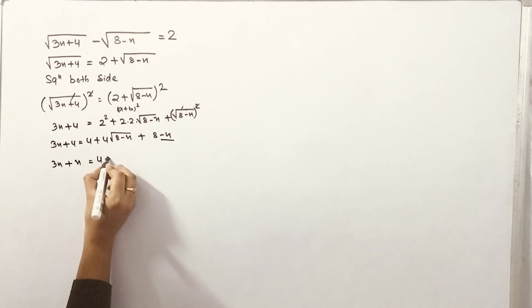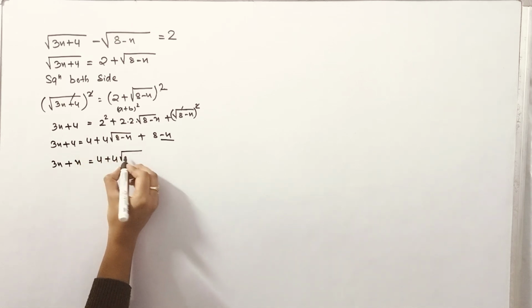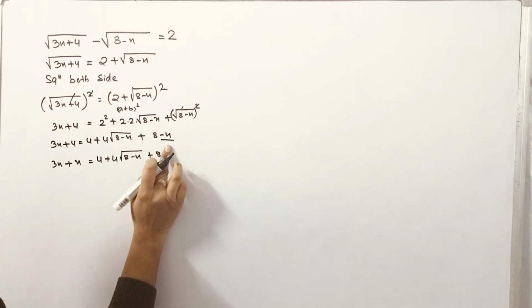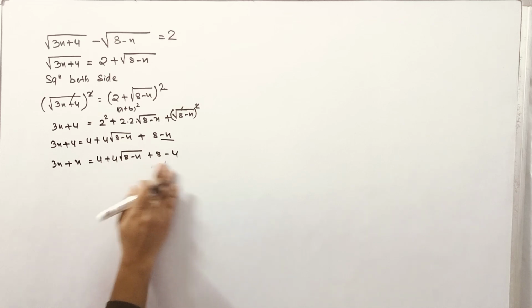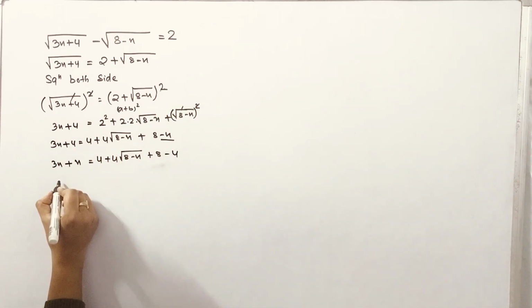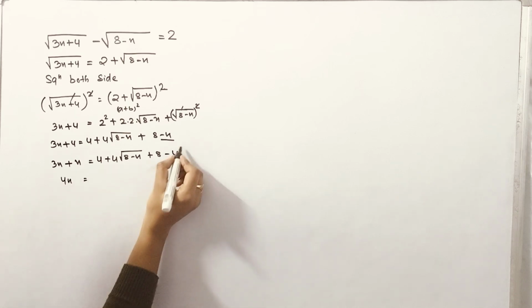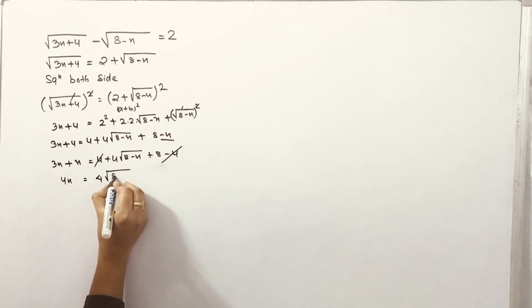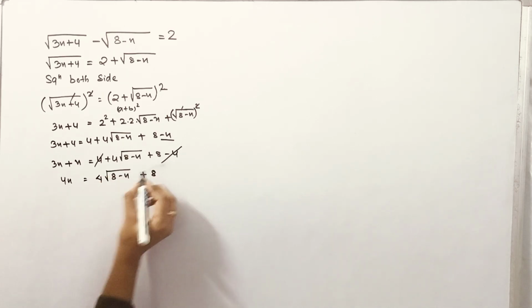Here this is 4 plus 4 root under 8 minus x plus 8, minus 4. See, this plus 4 got changed into minus 4. So 3x plus x is 4x is equals to, this and this get cancelled out, so we have 4 root under 8 minus x plus 8.